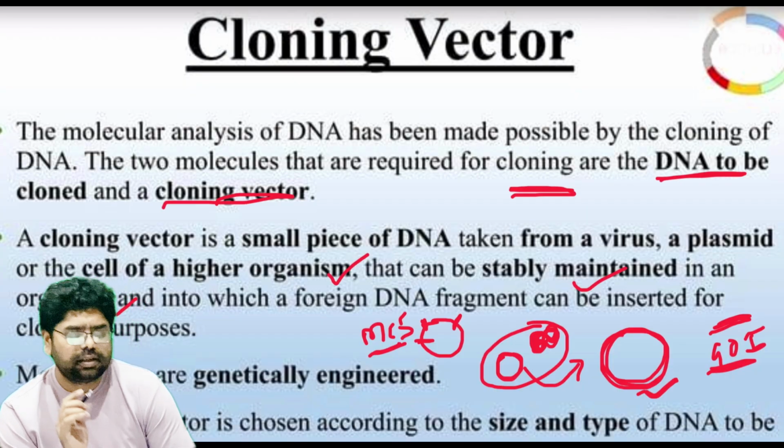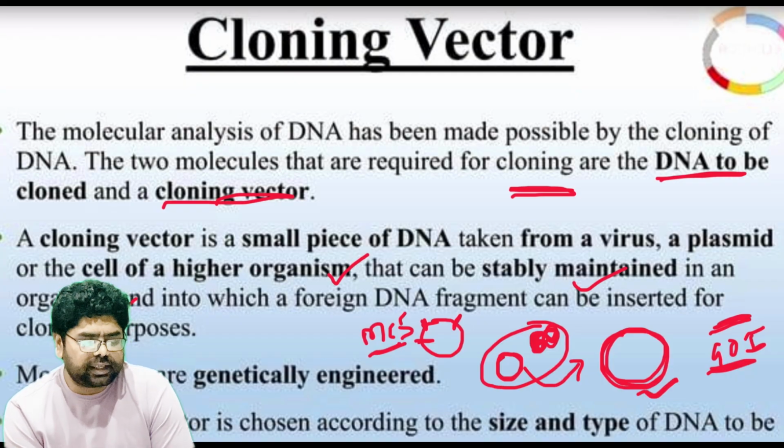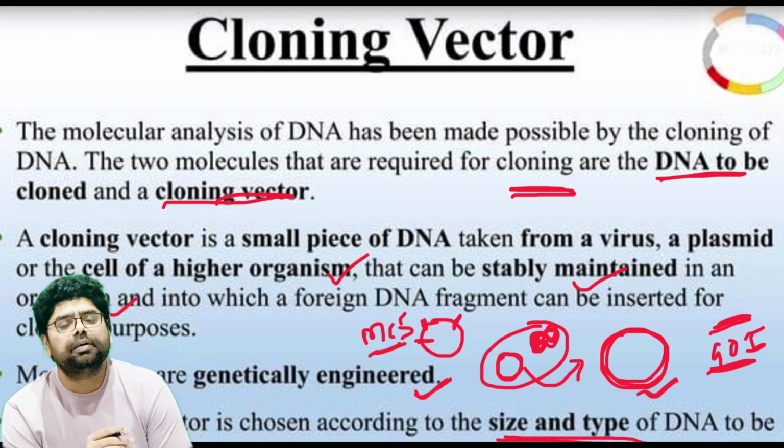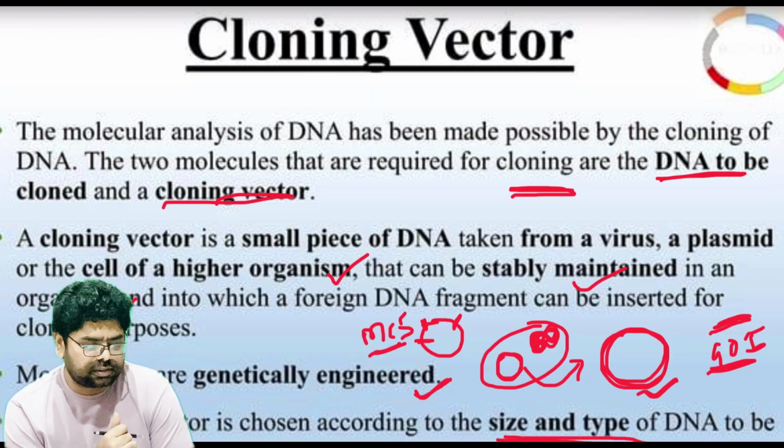Then we engineer sites called MCS, multiple cloning sites, which are required for the cloning. It has multiple kinds of restriction enzymes so that we can use a particular restriction enzyme and clone our gene of interest. So most vectors are genetically engineered according to need.